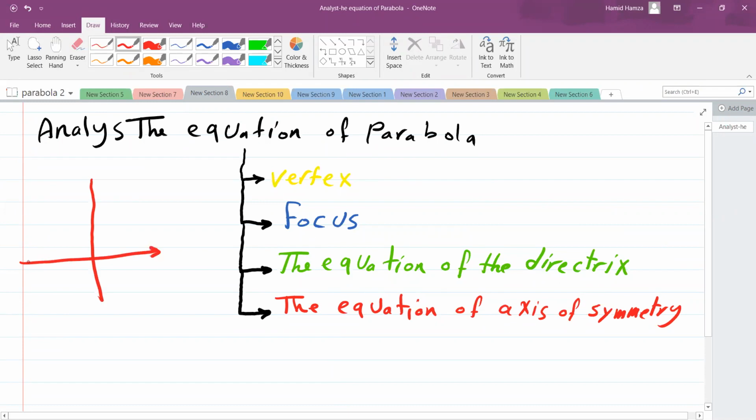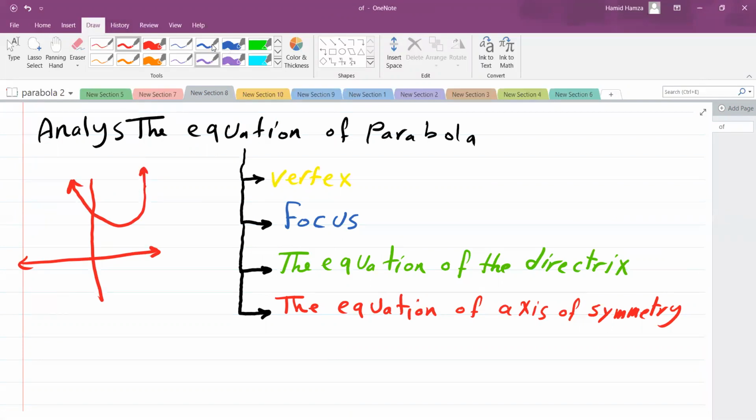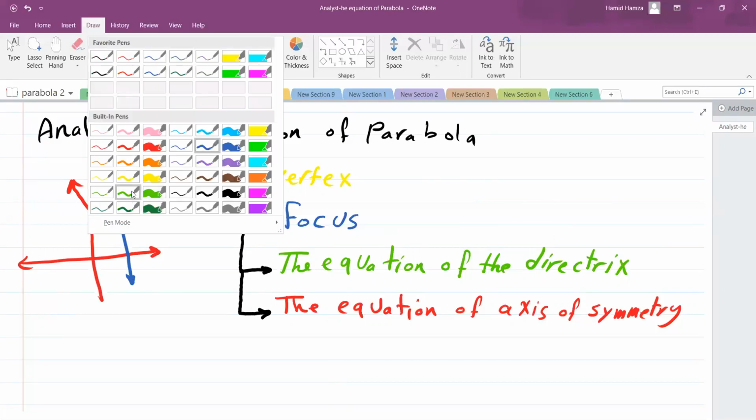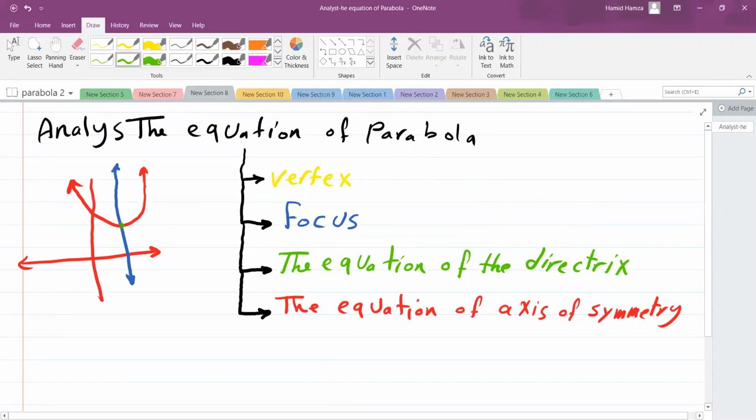So if I draw a parabola like this, for example, this is the axis of symmetry. This point is the vertex, and the focus will be here.